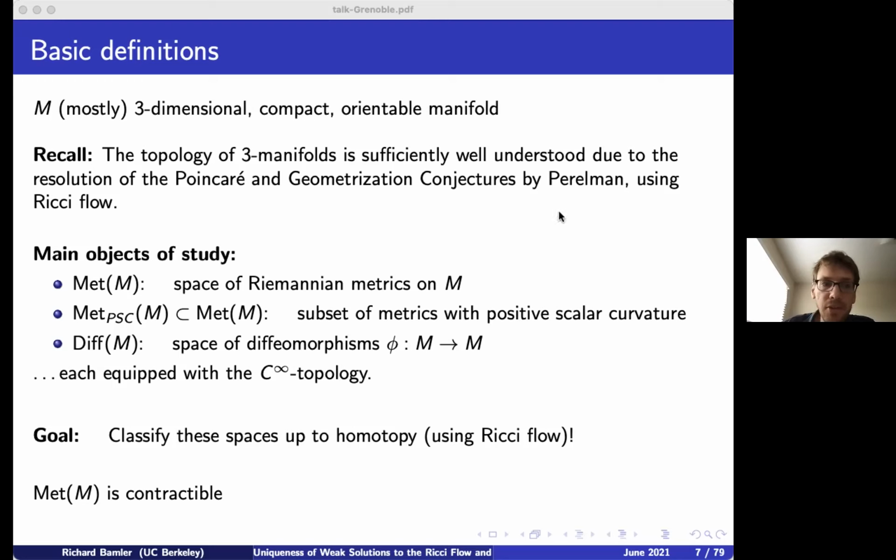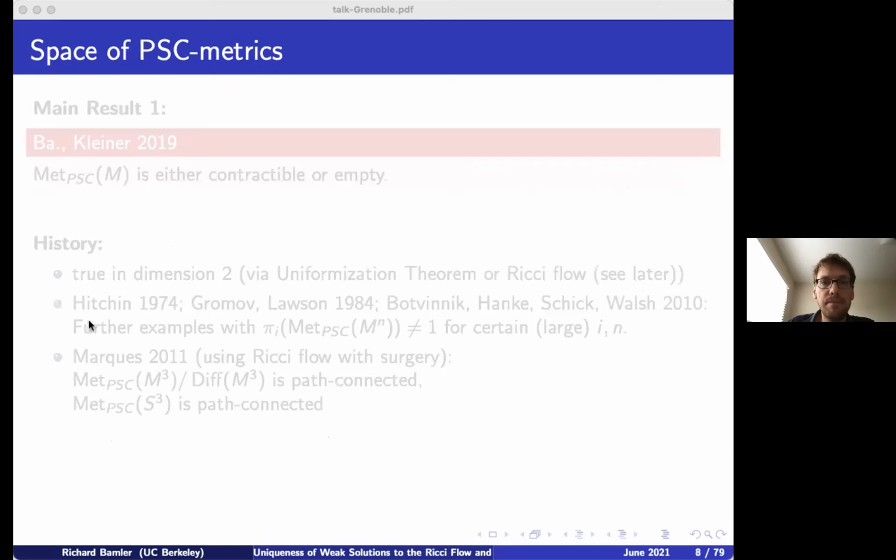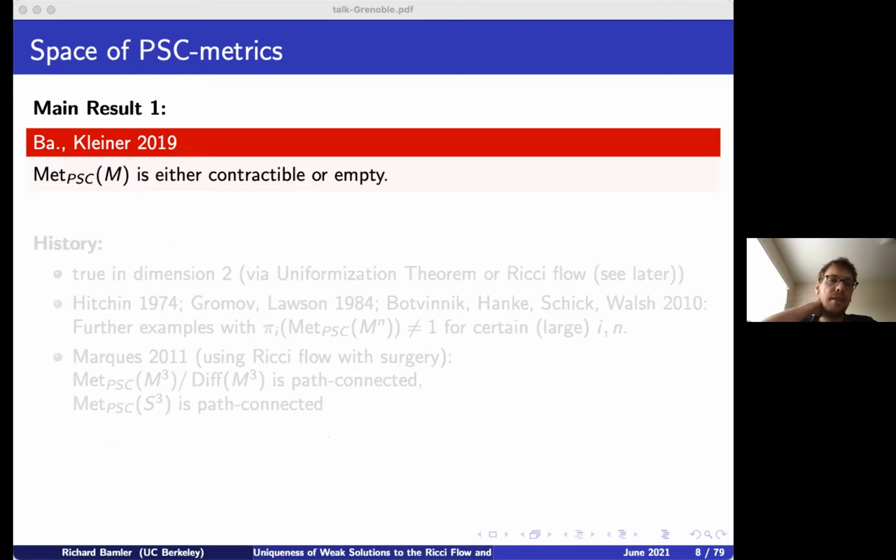Okay, so let me focus on the space of metrics with positive scalar curvature. So here's the first main result. The first main result states that the set of all metrics with positive scalar curvature on any three-manifold is either contractible or empty.